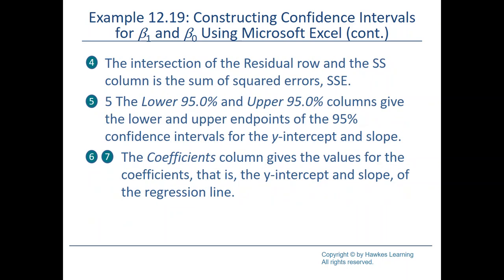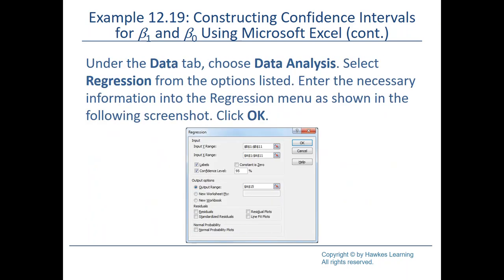But you'll notice that number 4 there is the residual row of the SS column, which is the SSE, or the sum of the square errors. And then number 5 there is the lower 95% and upper 95%. And 6 and 7 is the coefficient column that gives the values for those coefficients for the y-intercept and the slope of the regression line. So again, I'm going to go back just a few slides so you can see all that here.